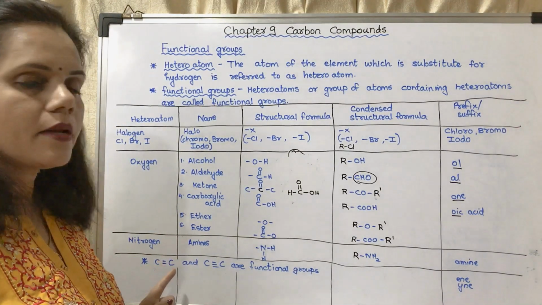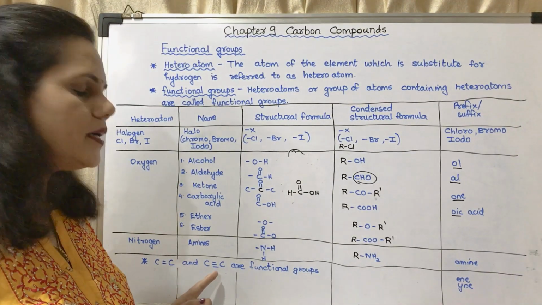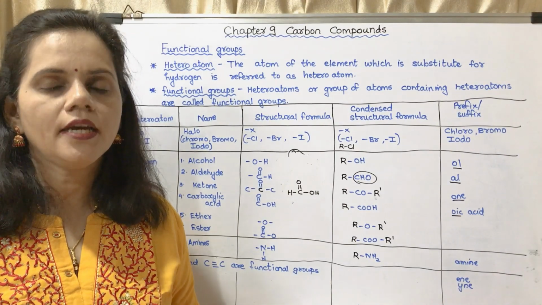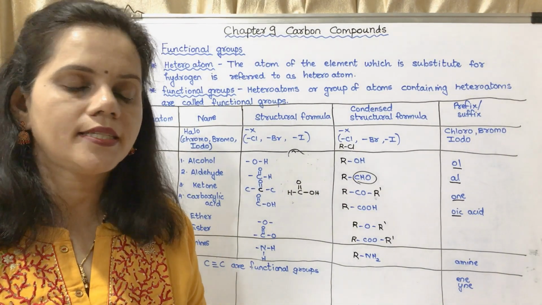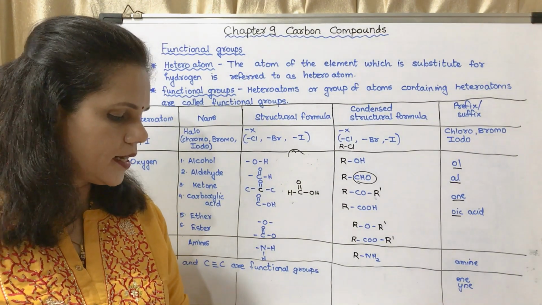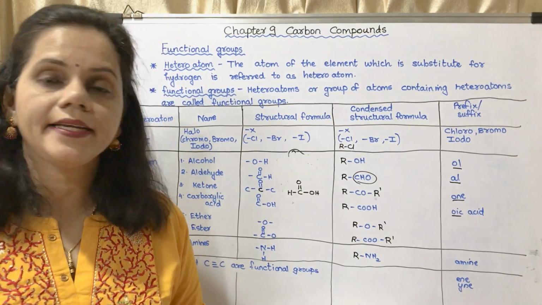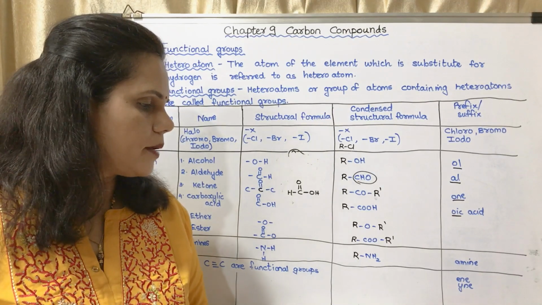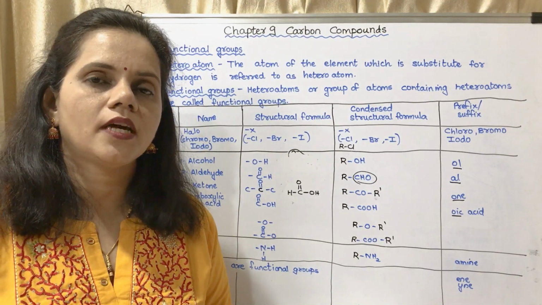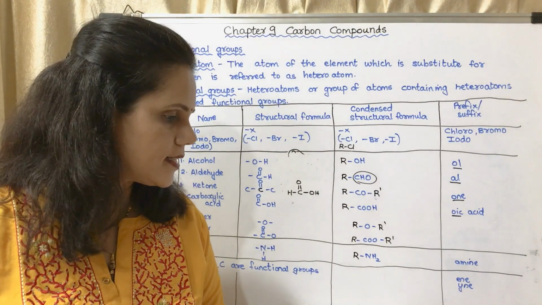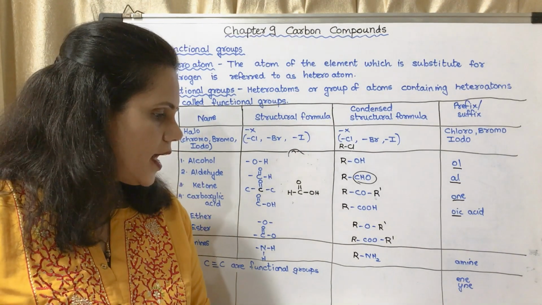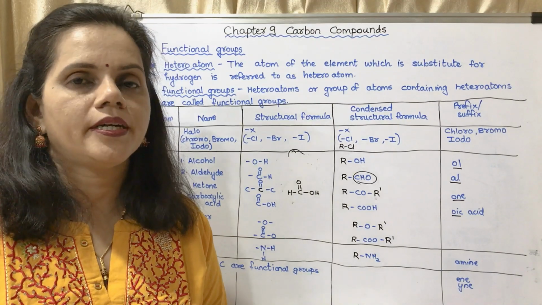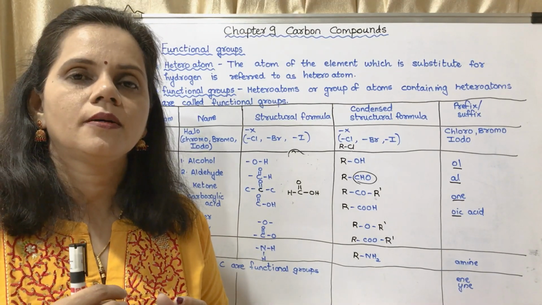And carbon-carbon double bond and carbon-carbon triple bond are also considered as functional groups. So you have to note this on page number 118. In the first paragraph there is this statement: carbon-carbon double and triple bonds are also recognized as functional groups, as the respective compounds are having particular chemical properties due to those bonds.